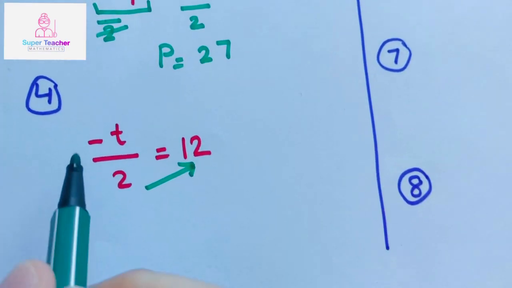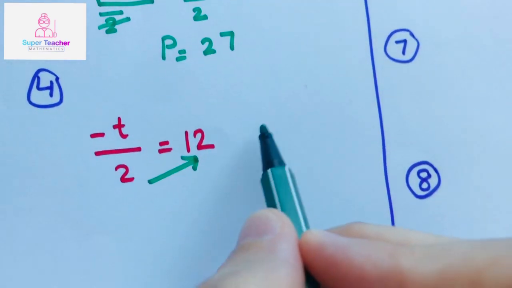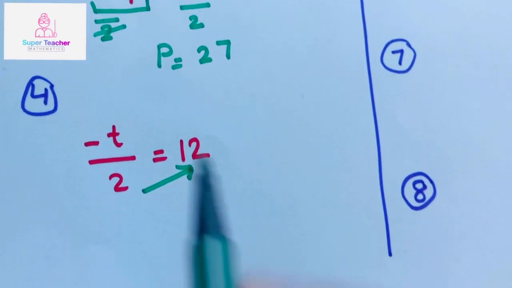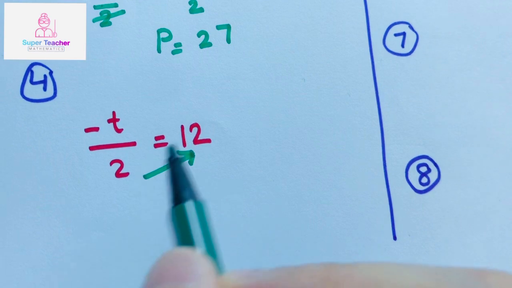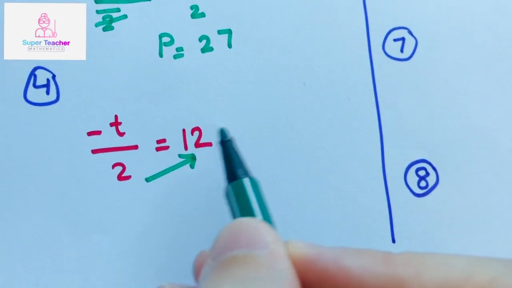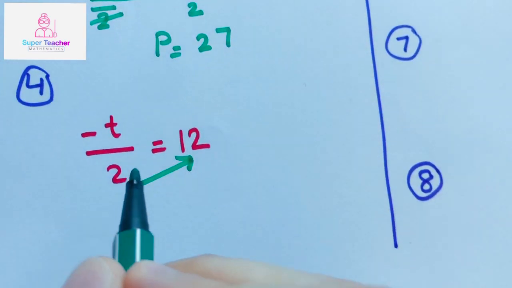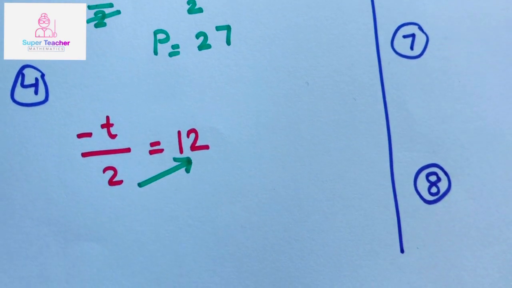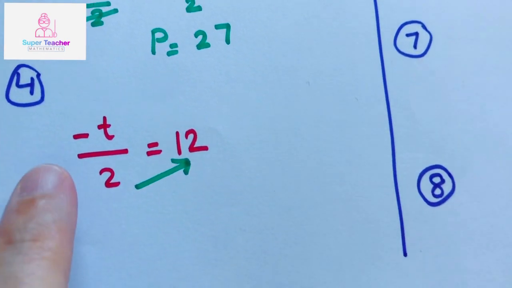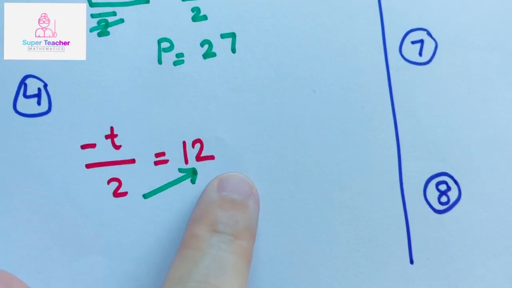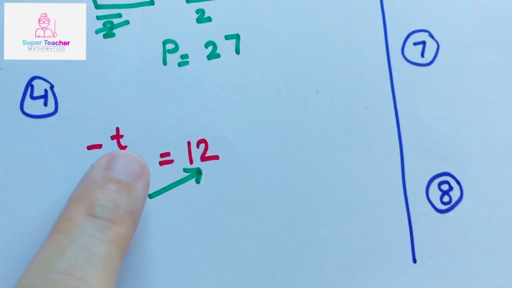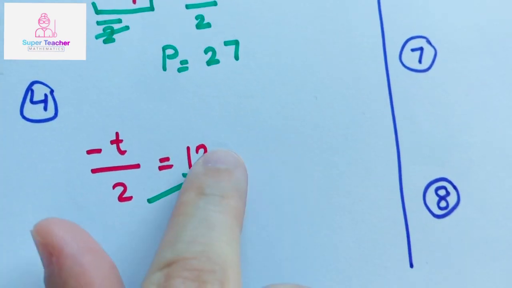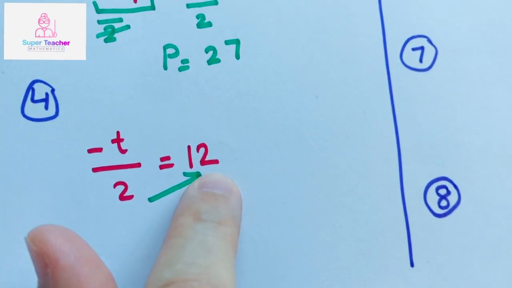Or you can just multiply this side by 2 and this side by 2. So the choice is for you. But my easy way is just to multiply the two numbers together and that's it. But like in lesson 2.1, when I told you that anything you do here, you have to do here. So here, if you multiply by 2, the 2 will cancel with the 2, and here, if you multiply by 2, then you are going to multiply.